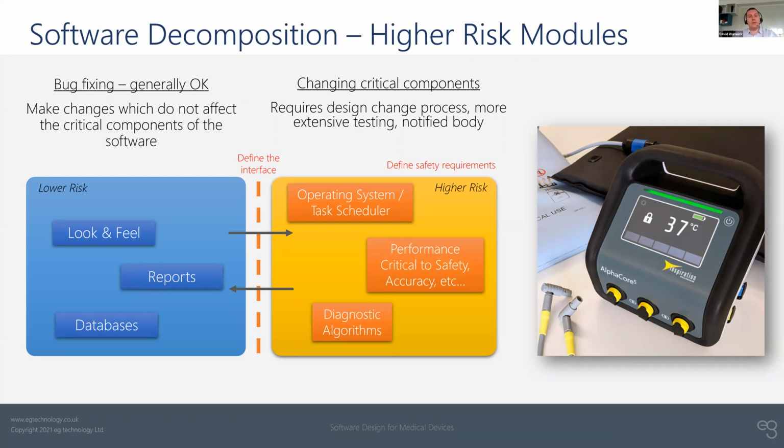The things that are critical, you know what they are, and so you know if you touch those areas, then you need to go and think about talking to your notified body, talking to whoever accredits your system.